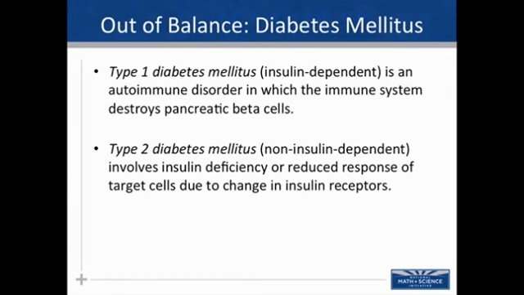If they are damaged, they can't produce enough insulin to meet the need that the individual cells of the body have. Type 2 diabetes, or non-insulin-dependent diabetes, involves an insulin deficiency, or maybe the cells can't respond properly. The response portion of the signal transduction pathway is interrupted. There could be a change in the receptors and they're not working properly.